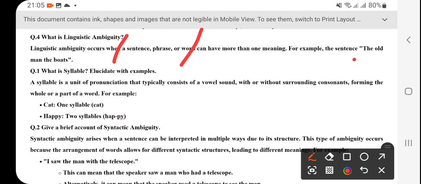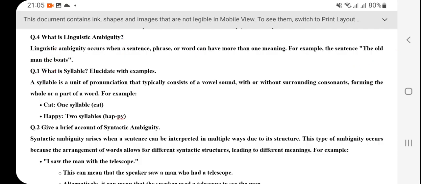Here it's not clear whether the old man is like a boat, or whether old men are in the boat. So when a sentence, phrase or word is not clear, then linguistic ambiguity arises, right?